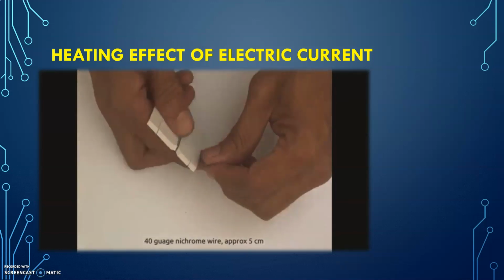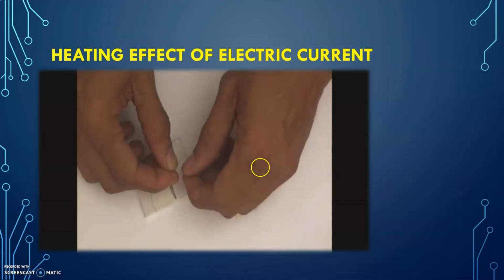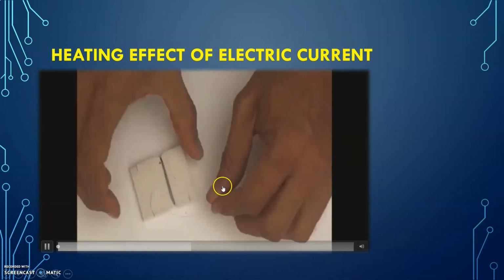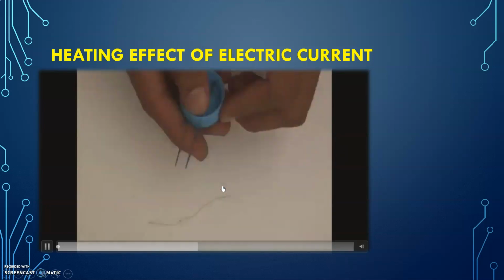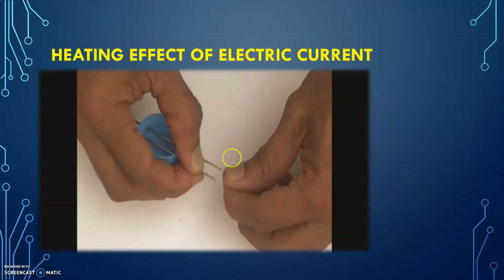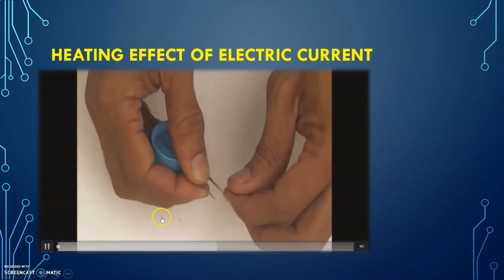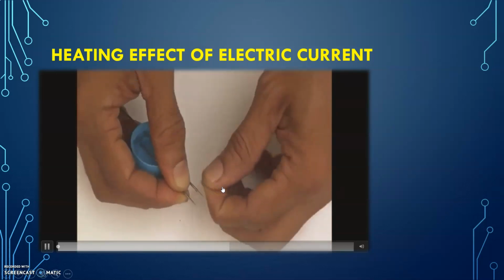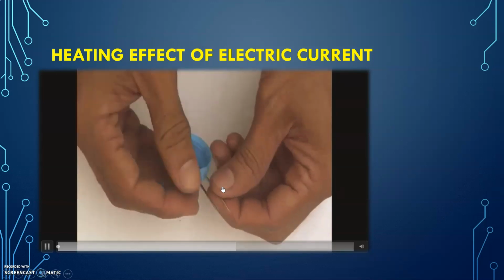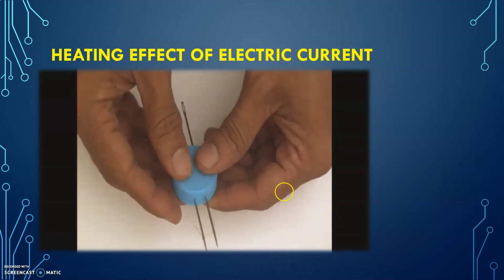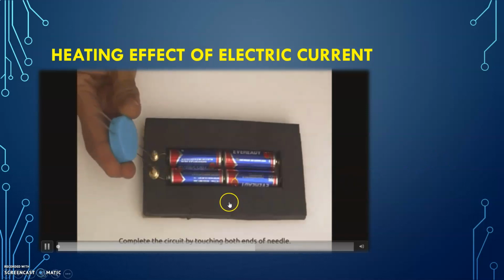Take a nichrome wire, which is a resistive wire, say 5 centimeters, and then connect it to the two needles with the wire as if sewing. Now you can see the circuit is completed.